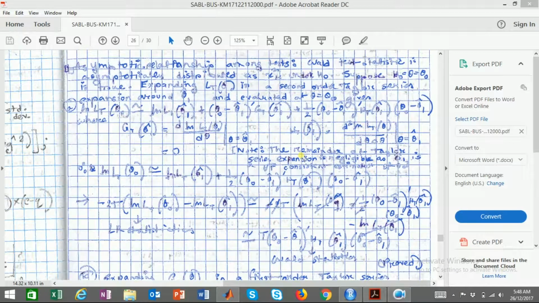So for the asymptotic relationship between the tests, we continue with the Wald test statistic, which is asymptotically distributed as chi-square under the null. Suppose the null theta equals theta naught is true.